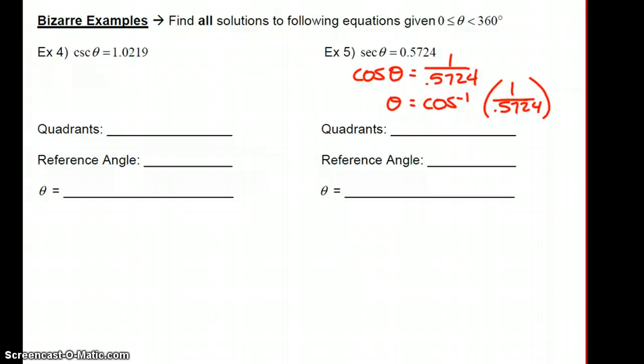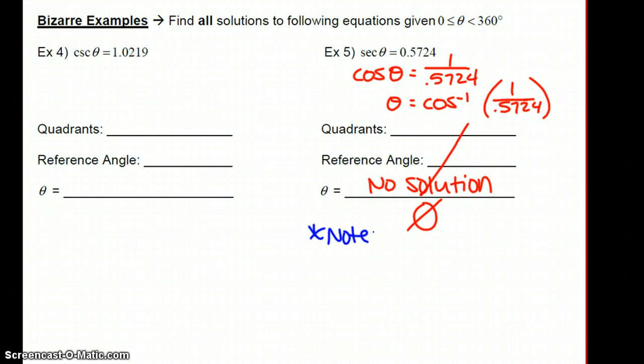In this case, I don't have anything to add here. We have no solution. You can either write no solution or a 0 with a slash through it. And make a note to yourself, why did this happen? Well, remember the values that cosine can equal, the values that secant can equal.